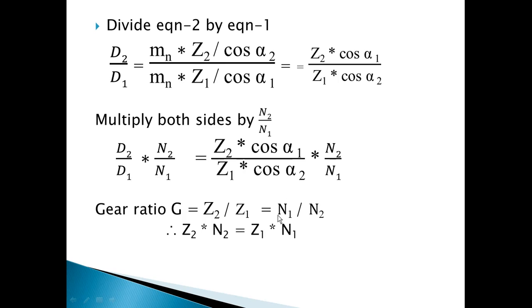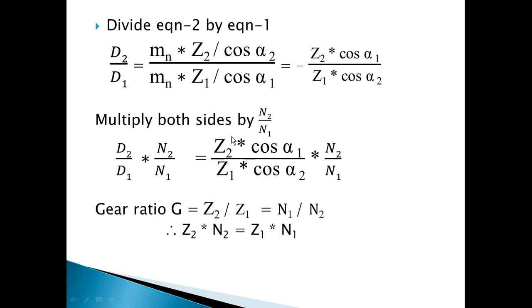In terms of speed, it is input speed upon output speed, and in terms of number of teeth, output teeth upon input teeth. So I can make a cross multiplication of this, and from that z2 into n2 is equal to z1 into n1.